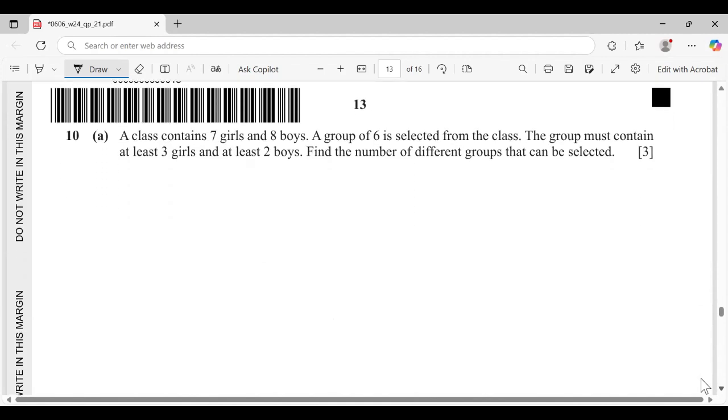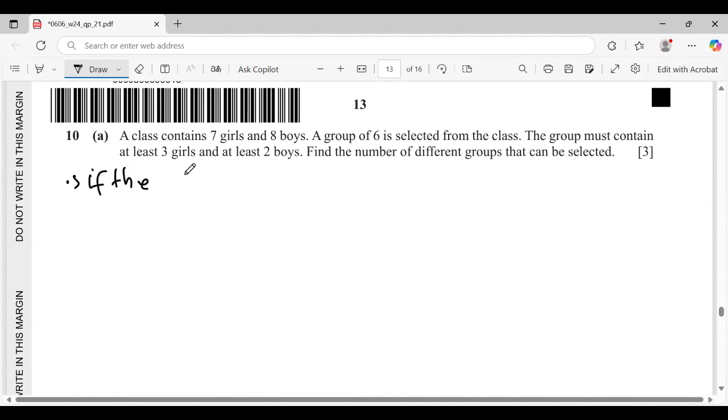Number 10. A class contains 7 girls and 8 boys. A group of 6 is selected from the class. The group must contain at least 3 girls and at least 2 boys. Find the number of different groups that can be selected. The first step, we are going to compute using combinations.